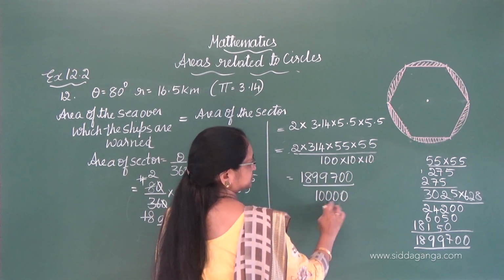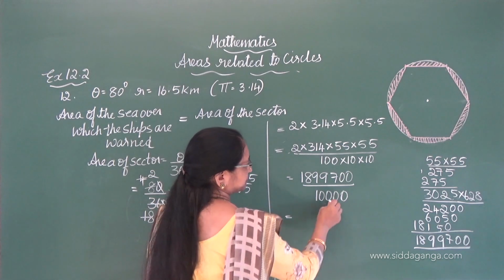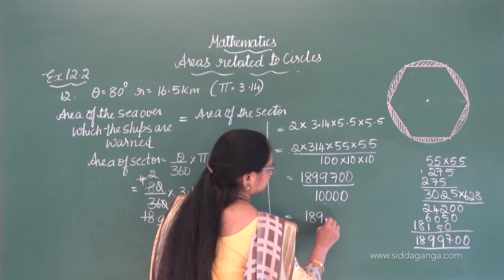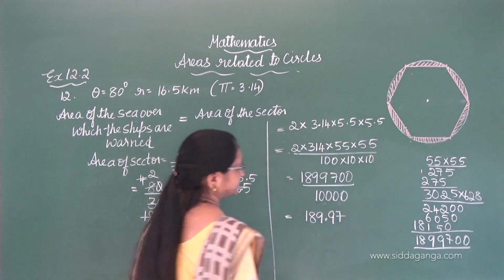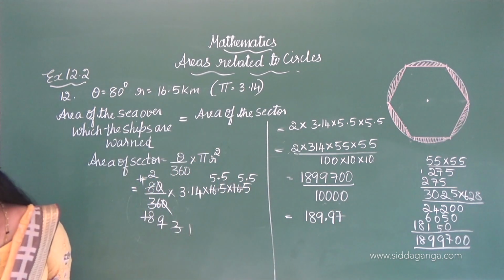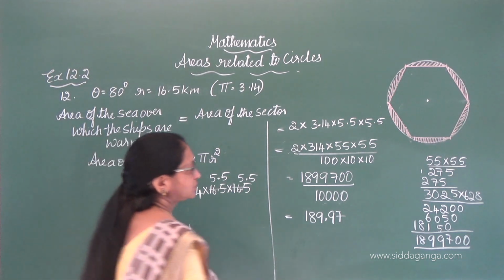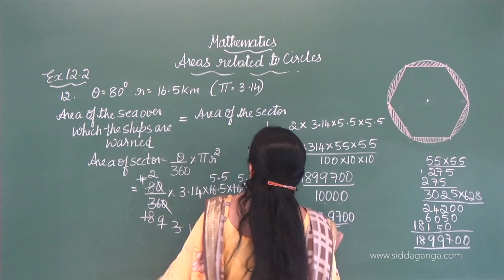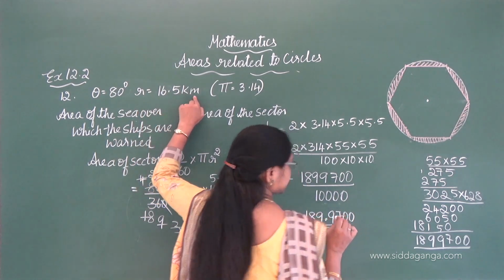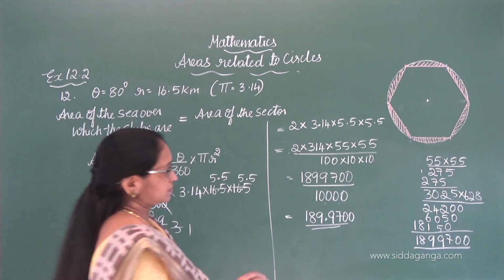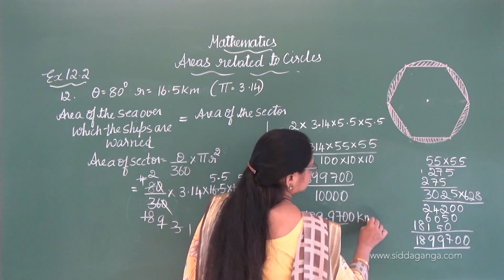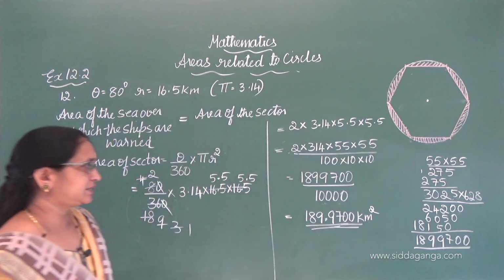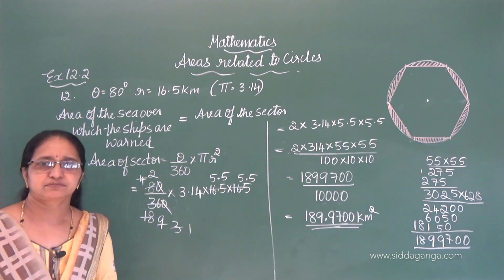So now easily you can put the decimal point. 94.985, that is 94.98 kilometer square. Okay, this was in kilometer, so the area covered is kilometer square. You can stop there.